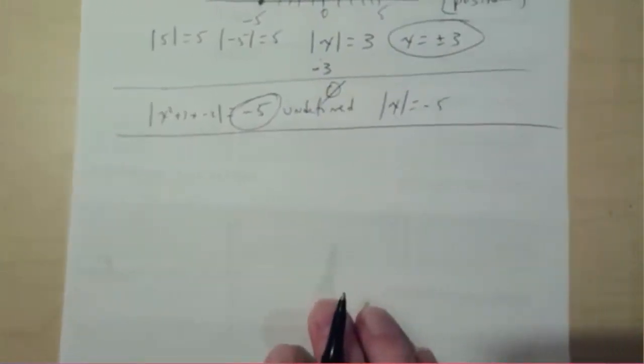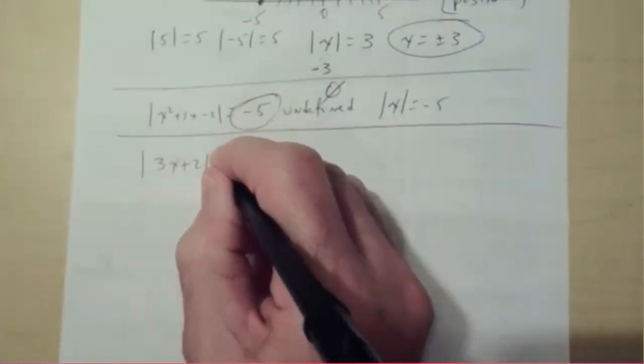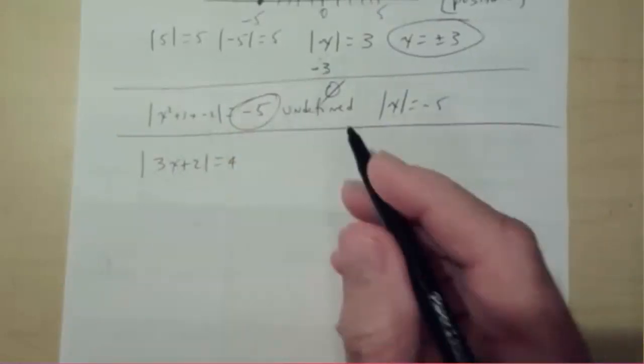Now we do 2 things here. So if you have the absolute value of 3x plus 2 equals 4, we have 2 possibilities here, the positive and the negative.